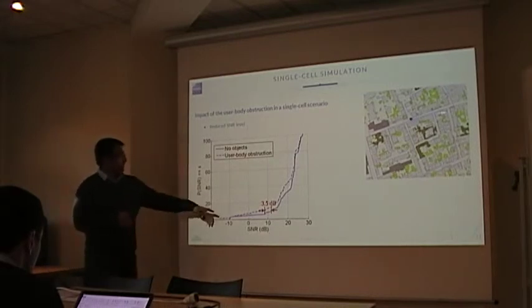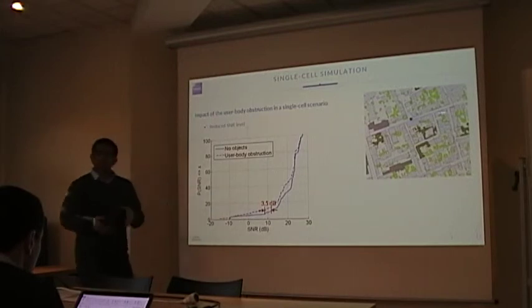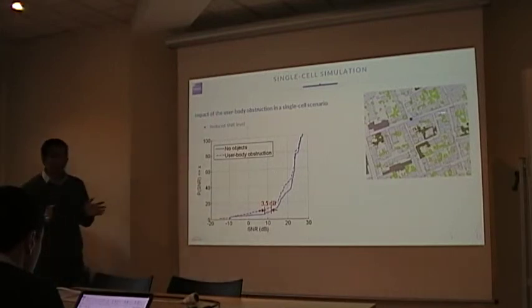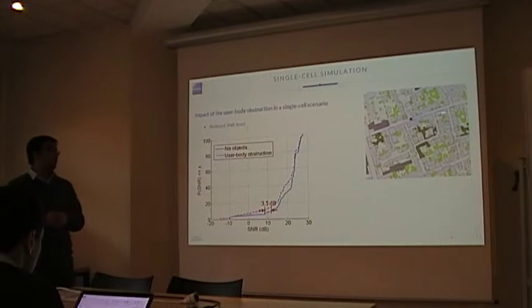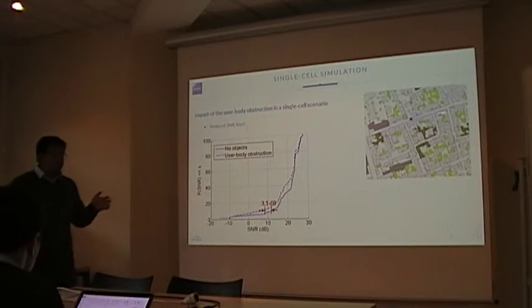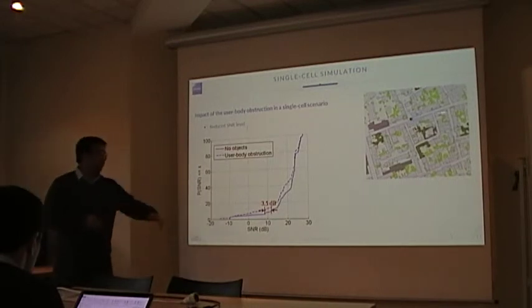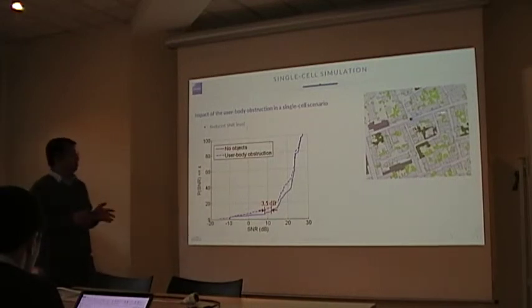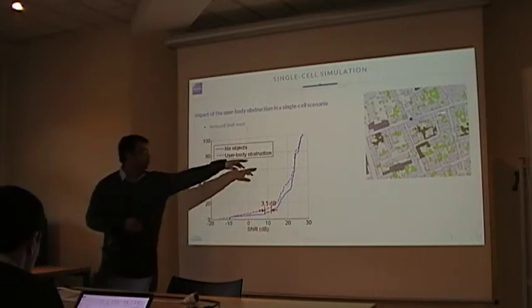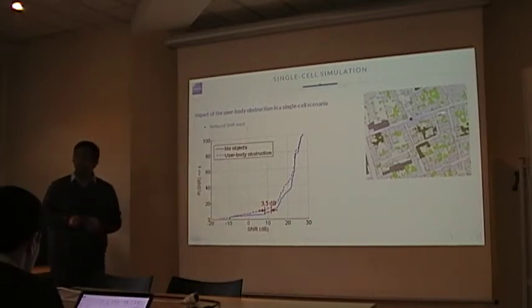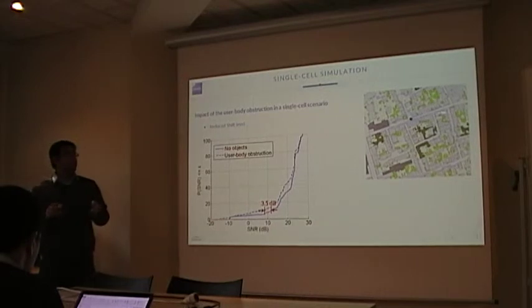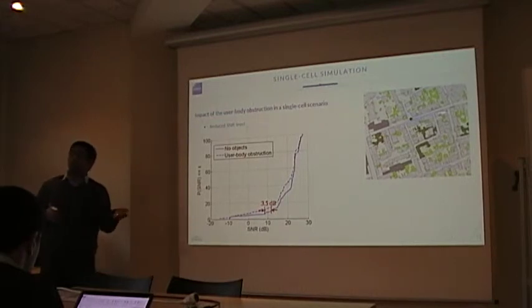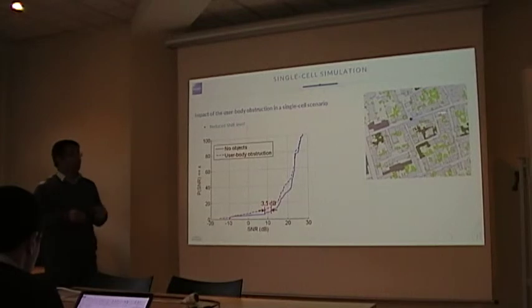And what we see is that there is reduced interference, or reduced SNR level, due to the body obstruction, which is expected, but it's only about 3.5 dB at the 10th percentile, which is perhaps not as important. The most important ones are very, very small. So basically, the idea is that there could be body blockage in a fixed scenario, but if we look at a more realistic scenario, where sometimes you might have it, sometimes you might not, the impact might be smaller.